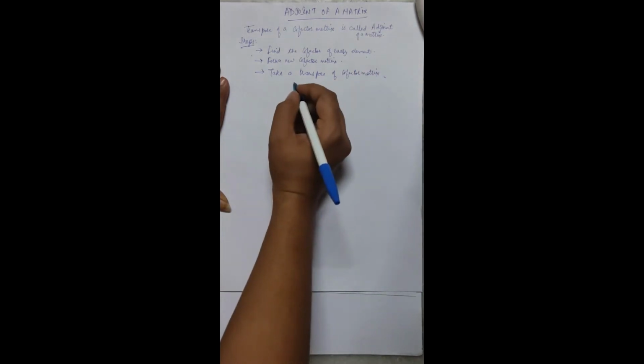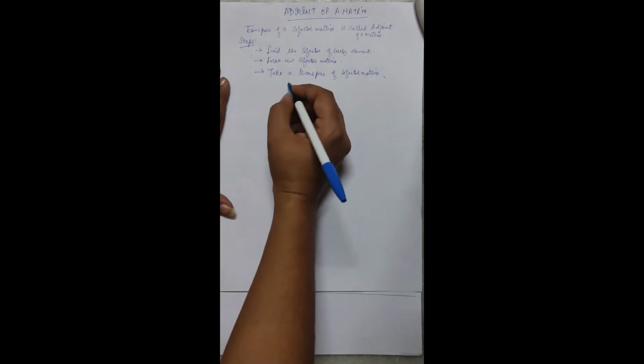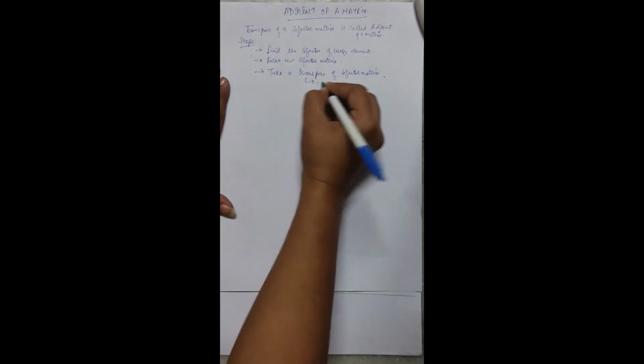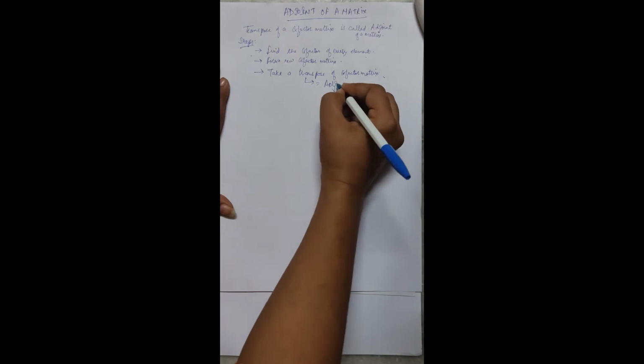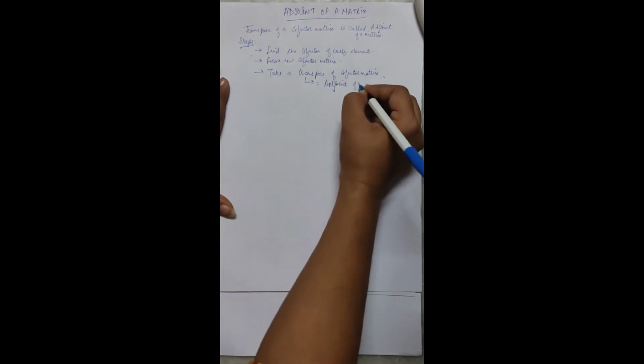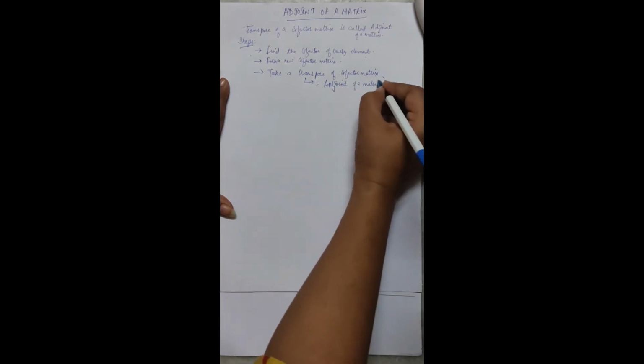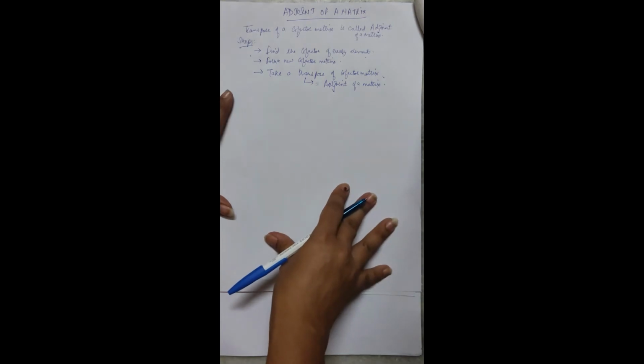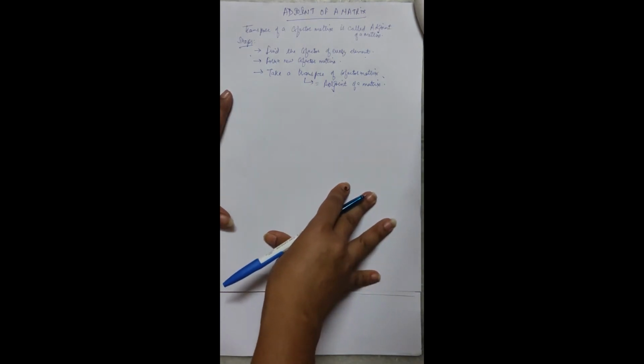So ultimately we will get the adjoint of a matrix. Fine. So let's continue with the previous sum which we have already calculated.